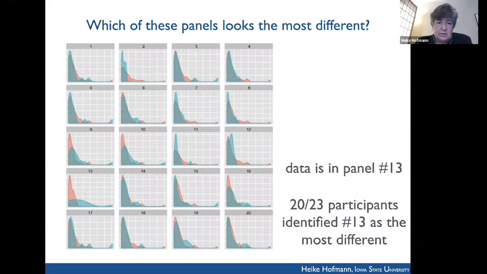All of the other densities are created by just permuting the label that assigns the red and the blue, which means that we're breaking any obvious relationship, but we keep the margins. And you can see that overall the margins here are the same, but the densities for red and blue are quite different. So 20 out of 23 people identified number 13 as the most different.